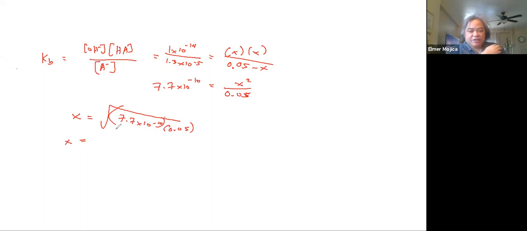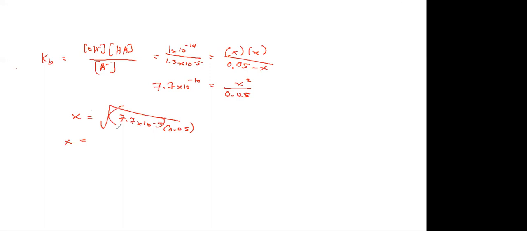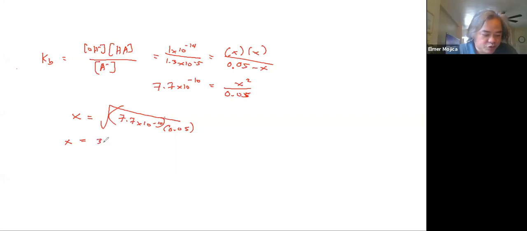And that is equal to what? x squared is 3.85 times 10 to the negative 11. And that is your hydroxide. So you get the pOH.